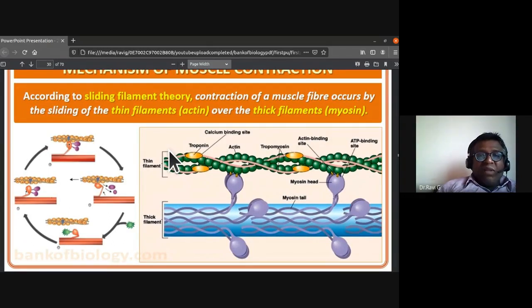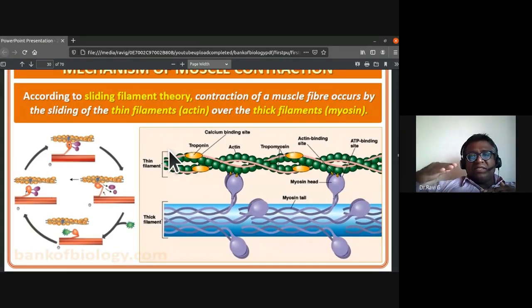According to the sliding filament theory, the contraction of a muscle fiber occurs by the sliding of the thin filaments, actin, over the thick filaments, myosin.